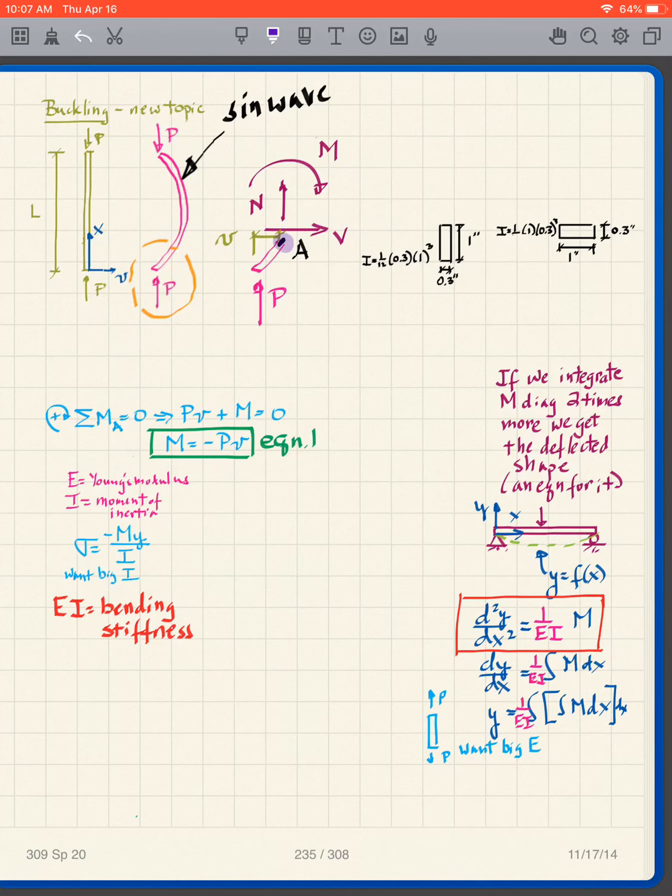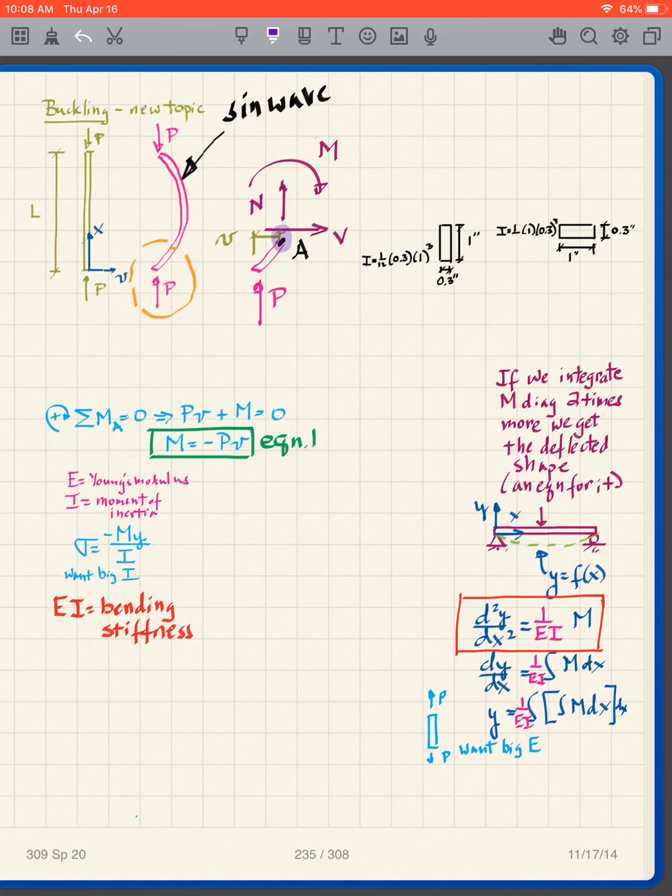I'm going to call that point A. Now the distance to point A, we're going to call that distance v, small v, as I said. And so if I take moments about point A, we end up with this expression.